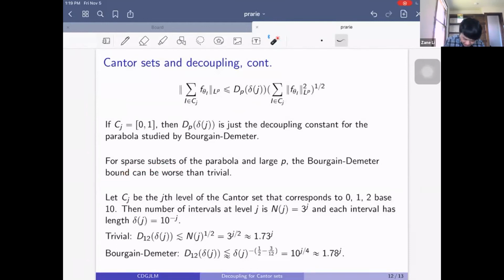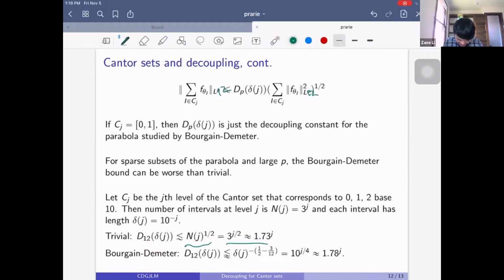So for example, if C_j is the Cantor set that corresponds to the digits 0, 1, 2 in base 10, then we have 3 to the j many intervals at each level, and each interval at each level is of length 10 to the minus j. So trivially, by Cauchy-Schwarz, the L^12 decoupling constant is bounded by the number of intervals to the 1/2.